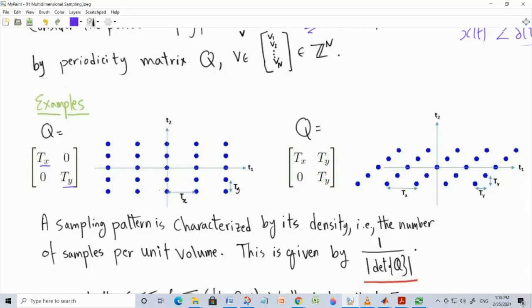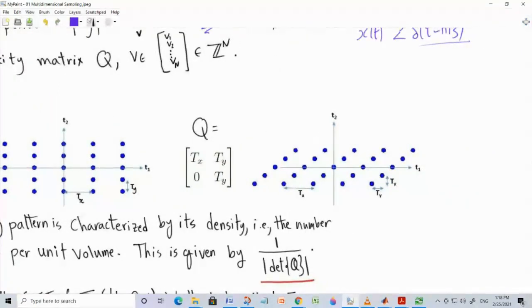Okay, so you can have a sampling pattern that looks like this. Here your Q matrix, again, if you look at the columns, there is Tx, 0, and there is another vector which is Ty.